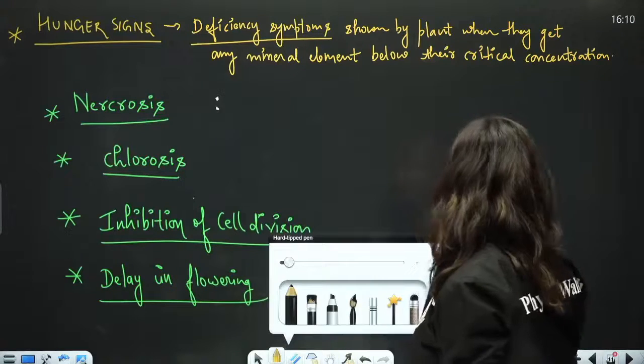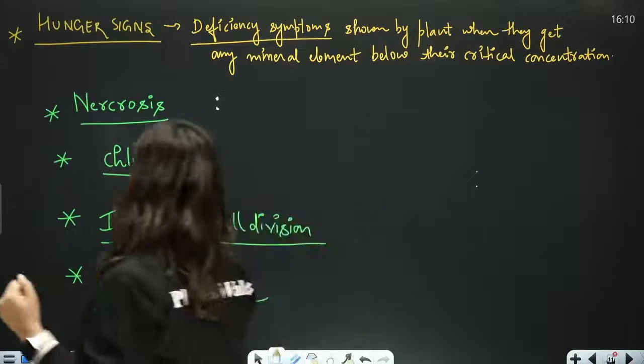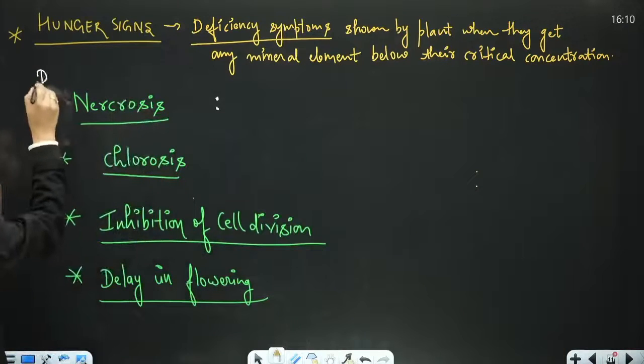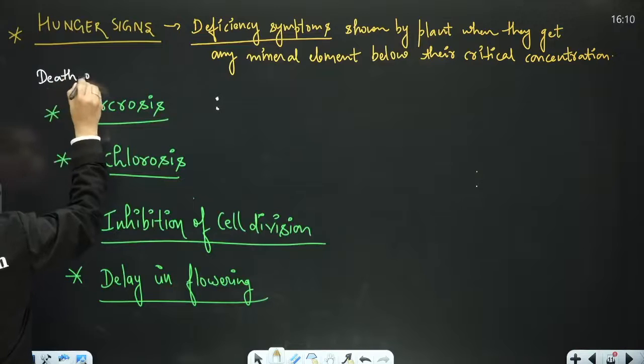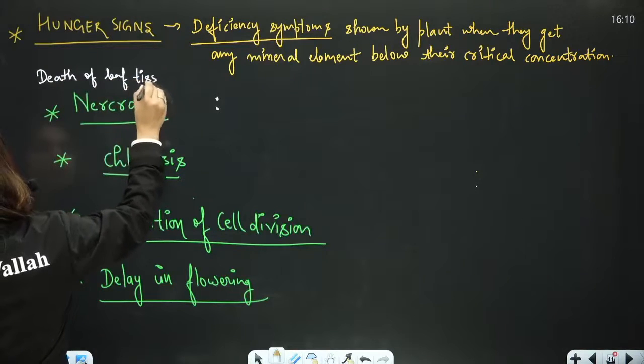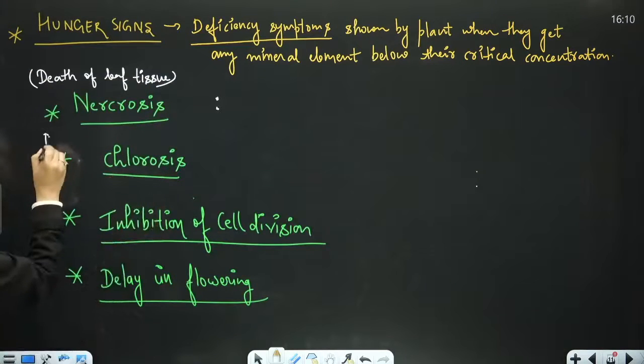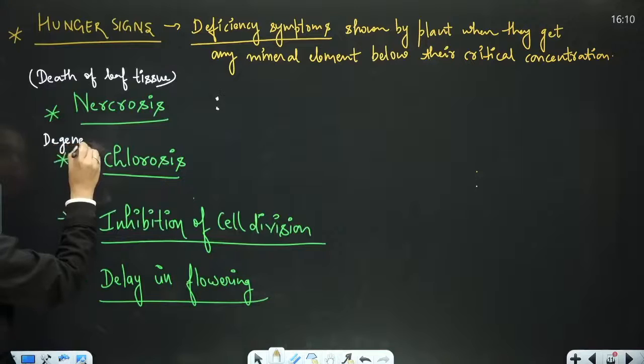And these are the following deficiency symptoms. The first one is necrosis. Necrosis is the death of leaf tissue. The tissue which is present in the leaf, when it dies, this is called necrosis.